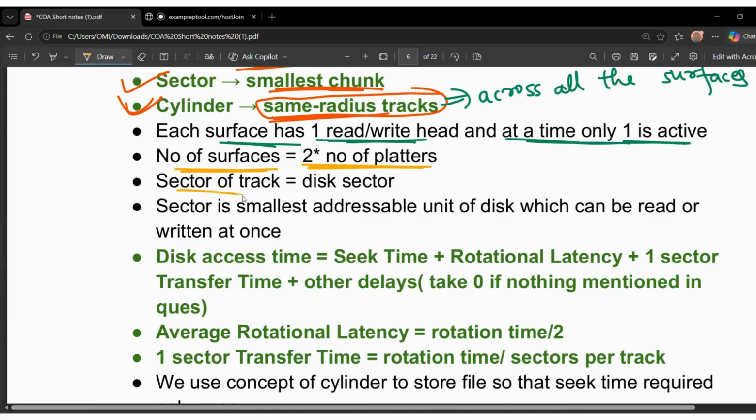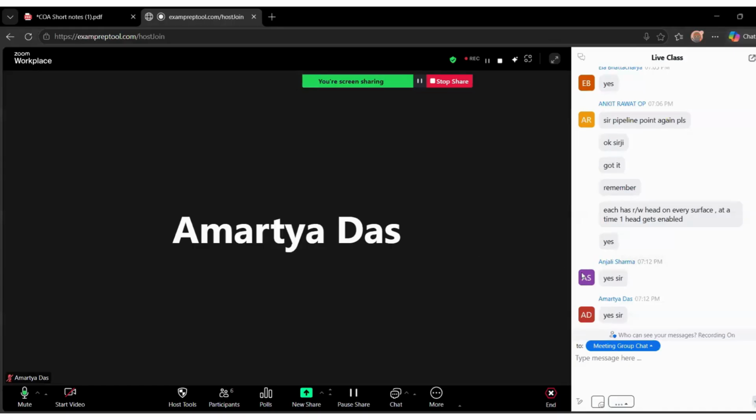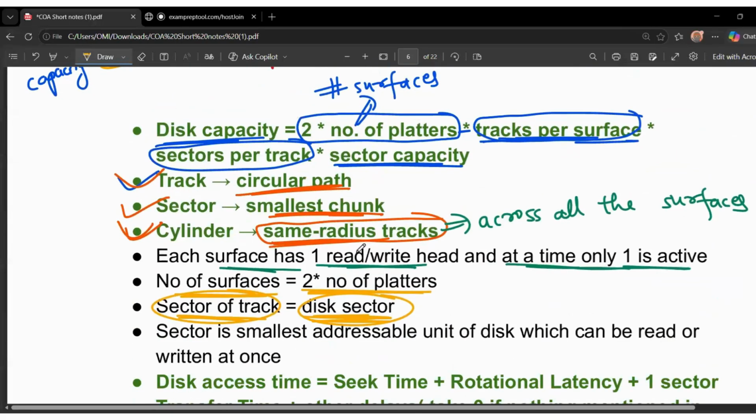So this we know. Now sector of track will be disk sector, right? It is also called a disk sector, and I have told that it is the smallest unit which is addressable.